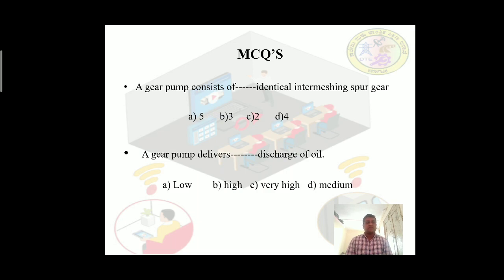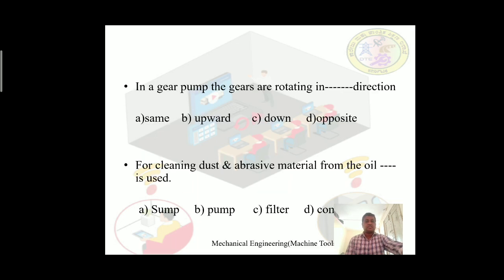It is because the oil is entrapped between the teeth and casing, and also depending upon the prime mover speed, the gear pump delivers the discharge. In the gear pump, the gears are rotating in dash directions. It means the two mating gears are rotating in opposite directions.